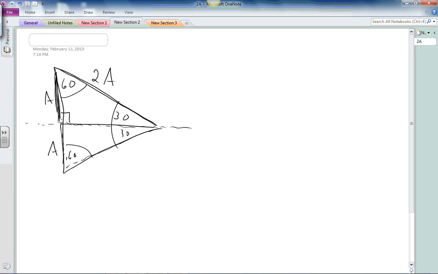So now all I have to figure out is how long is that side right there. Let's call that x, since we don't know it. And we're going to use the Pythagorean theorem again. So here we go. We have a squared plus x squared is equal to 2a, the whole thing, squared.